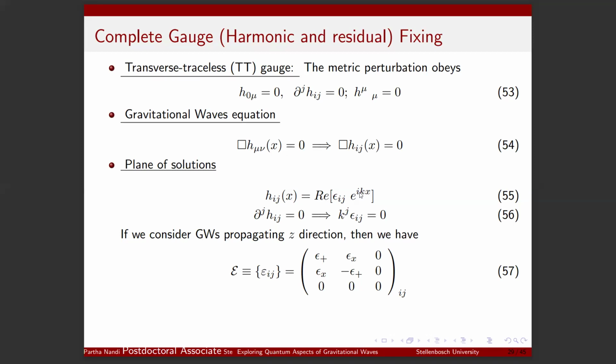Incorporating this concept, one can observe that this epsilon is just a polarization tensor, which has only 2 independent modes, called epsilon plus and epsilon cross. And since h_ij is traceless, we must consider the diagonal terms equal and opposite. Therefore, we have 2 independent modes: one is the cross and another is the plus polarization.